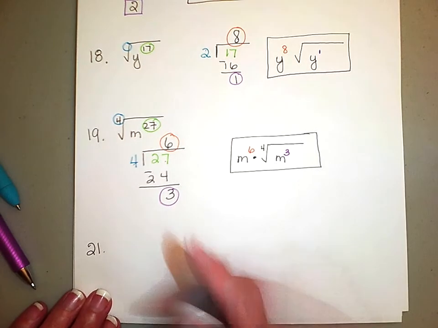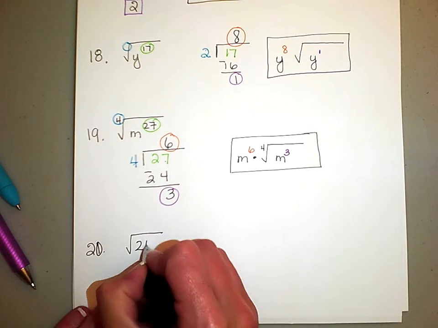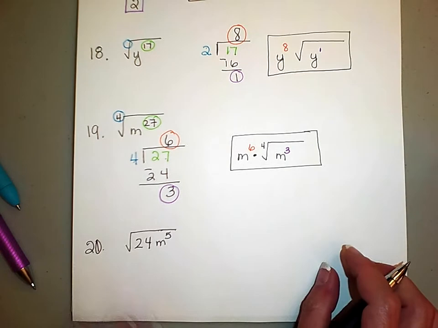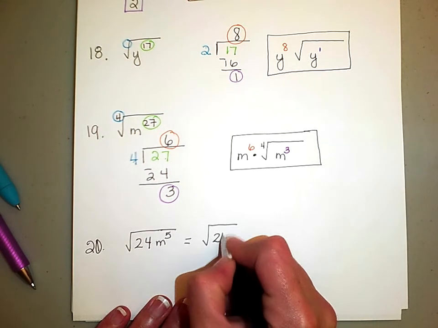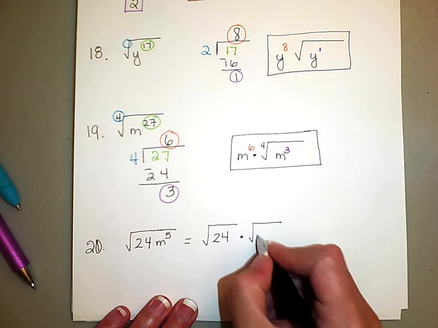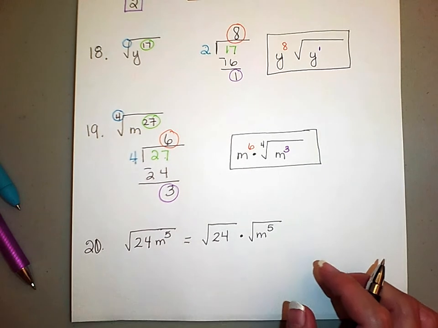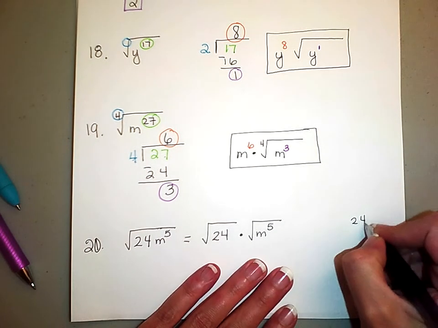Okay, 20. So we have the square root of 24 m to the 5th. Let's split this up. We'll take the square root of 24 and then the square root of our variable. So in 24, we'll take the prime factorization.